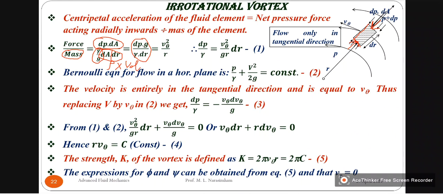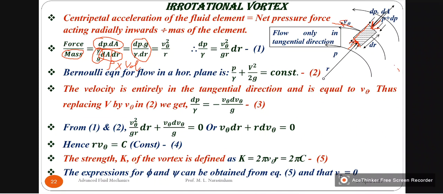Now this must be equal to the centripetal acceleration, which will be acting away from the center. That is v theta square by r, because the fluid is rotating like this with a velocity v theta.